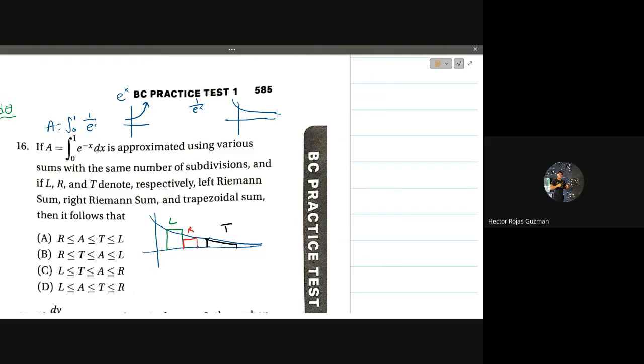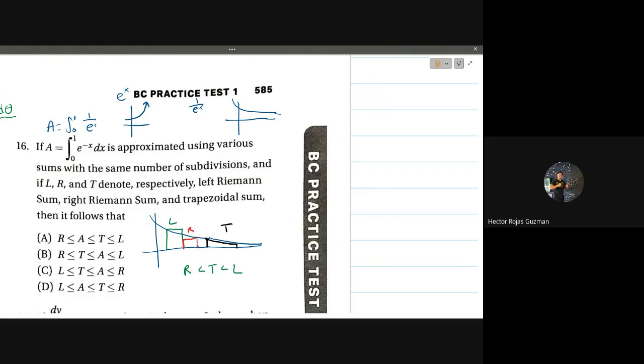So I guess the question is, right, which one is bigger? Well, L is the biggest. The trapezoidal sum is always going to be better than one of the Riemann sums in terms of approximating, but in this case it is under. So then it's trapezoid and then the right Riemann sum.